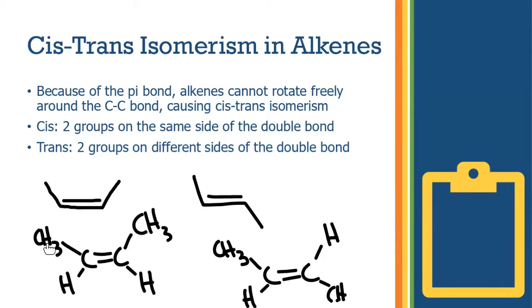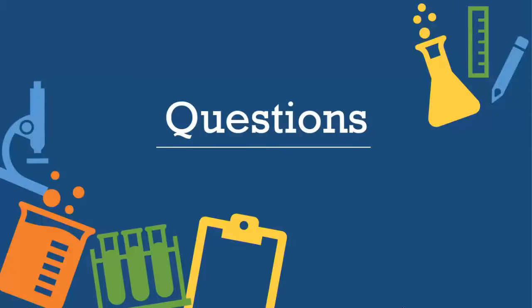This one's cis because we have the methyl groups on the same side. And this is trans because they're on different sides. That's about it. Everyone good on that? Okay. And that's all I had, since we didn't go over too much.